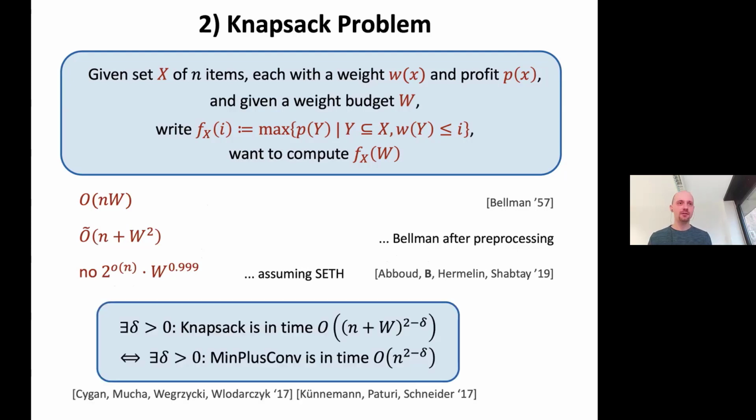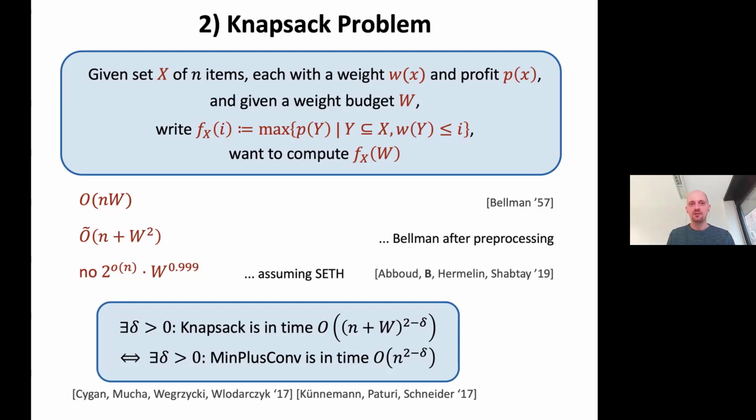But actually, if you think about it in a different way, you can also view this as a reduction from knapsack to min plus convolution. And there's also a reduction the other way around. And what Cygan et al. and Künnemann et al. showed is that you can solve knapsack in time n plus W to the 2 minus delta if and only if you can solve min plus convolution in subquadratic time.